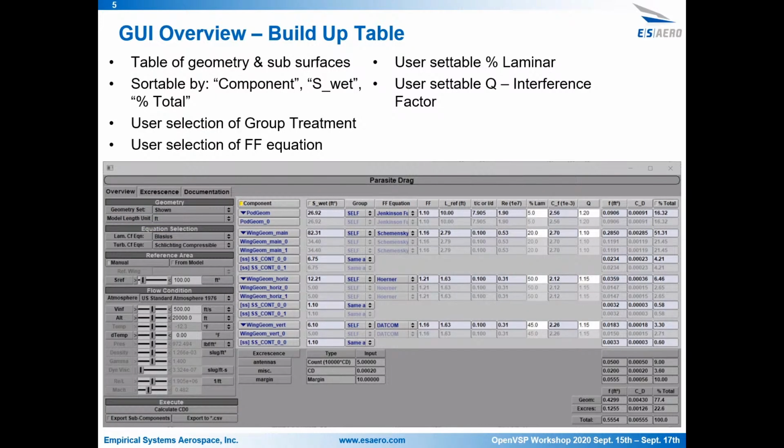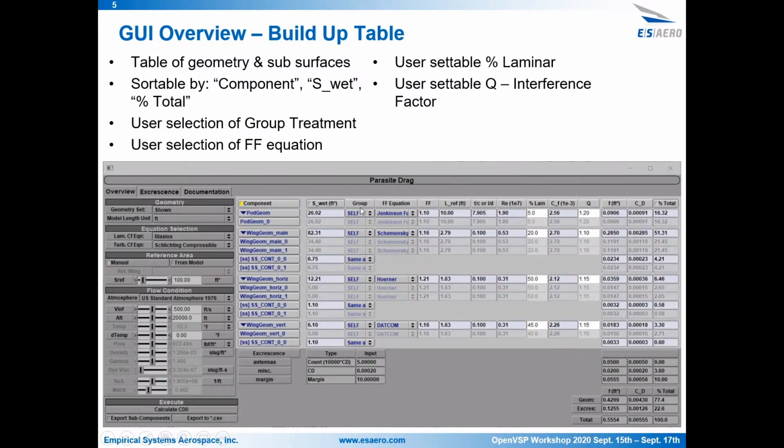The buildup table here on the right gives you just a summary of all of the geoms that you have in the selected geometry set, and then their buildup onto the right. You can sort it by component, by wetted area, and by percent total.